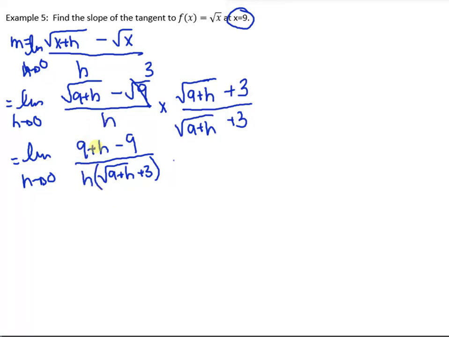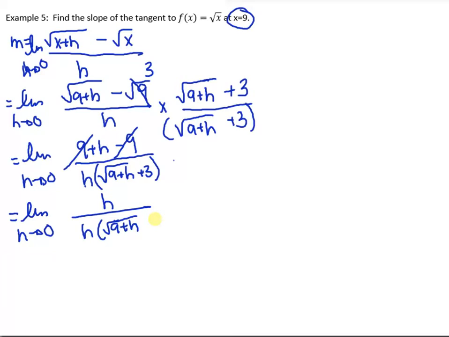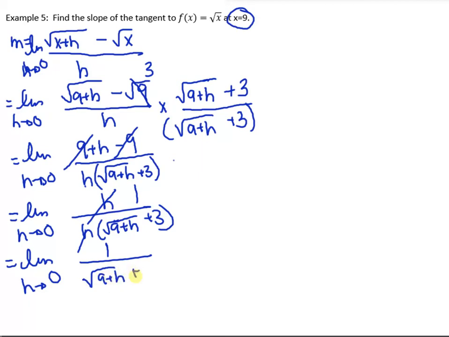Okay, so I'm just going to write the h right here, and then this denominator right here, and they're just multiplied by each other. So let's cancel out the 9s. What do we have left? We have h over h times root 9 plus h plus 3. Cancel out the h's. Okay, I get 1 over root 9 plus h plus 3.